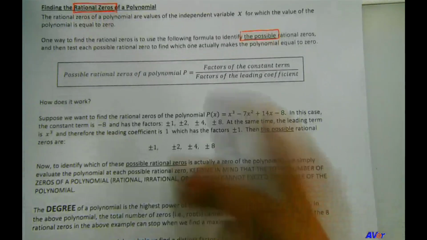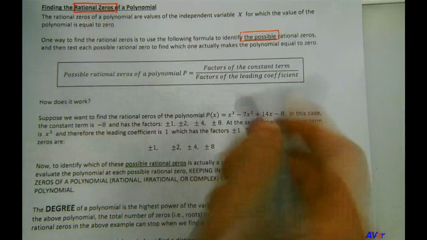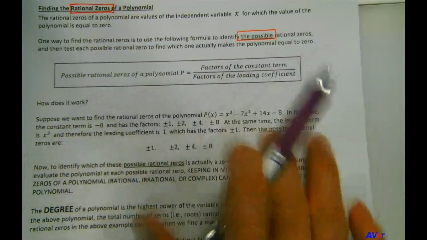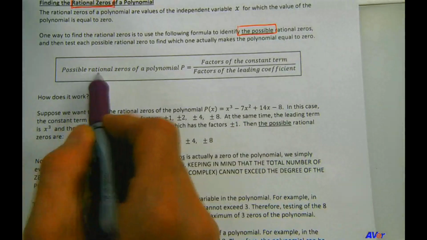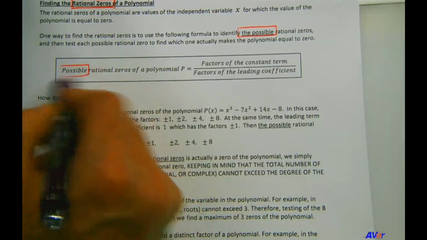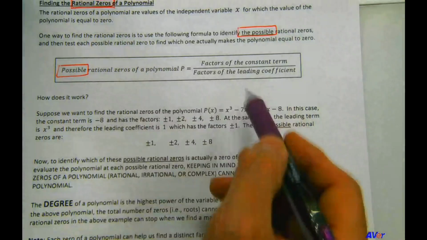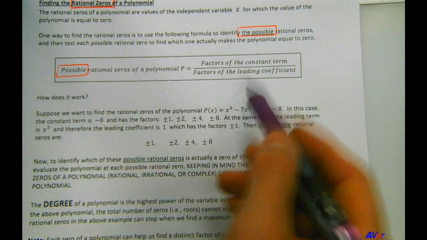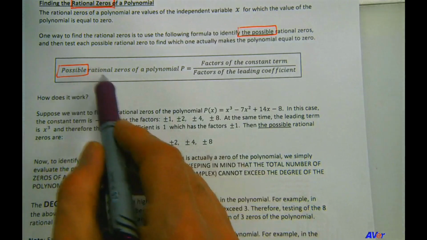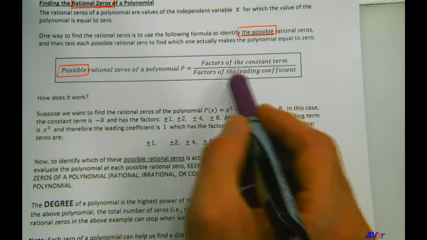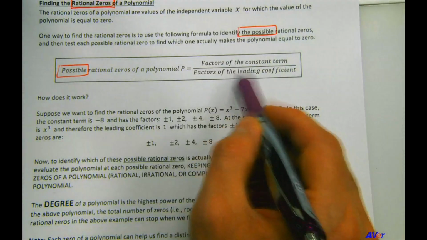So this is the formula basically. Once you have a polynomial, the key word here is possible. That means this formula will give you the potential rational zeros. Not that all of them will work, but some of them will work, not all of them. So the possible or potential rational zeros of a polynomial, P, can be found with this small formula.